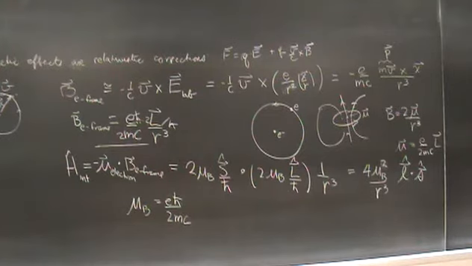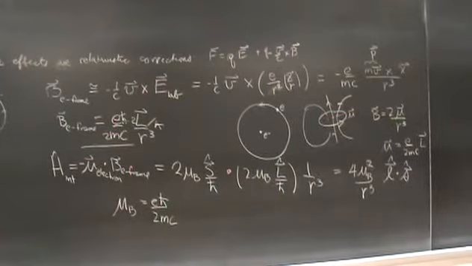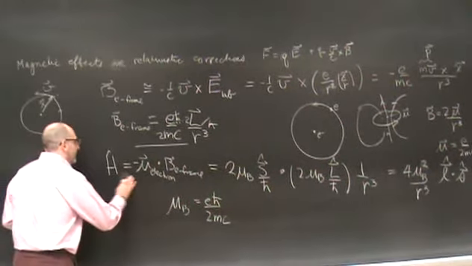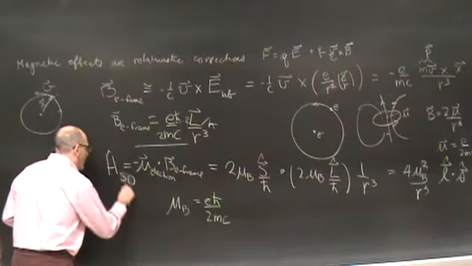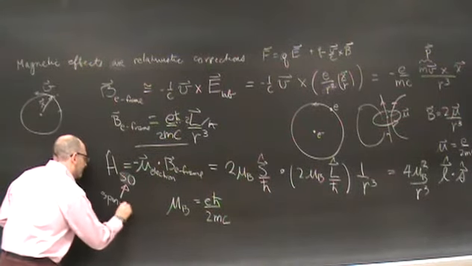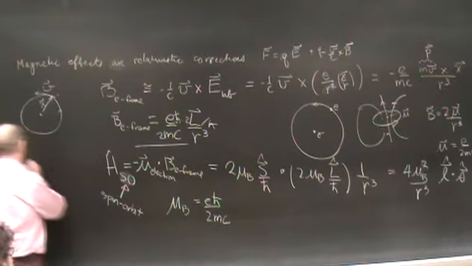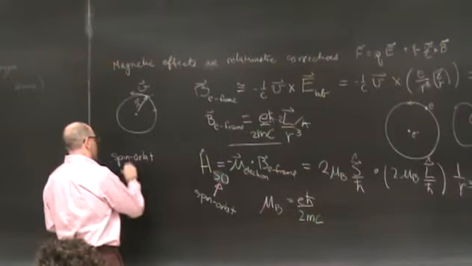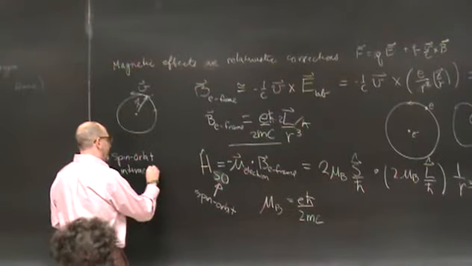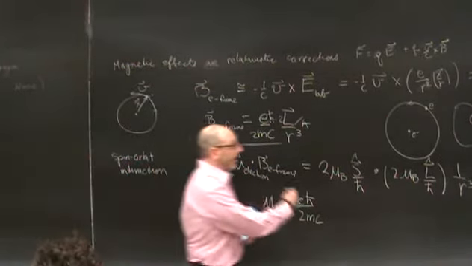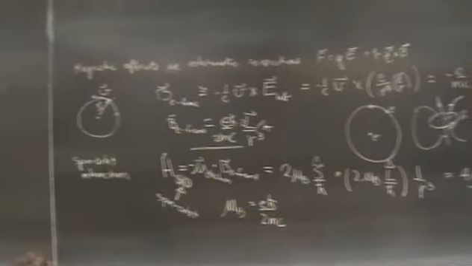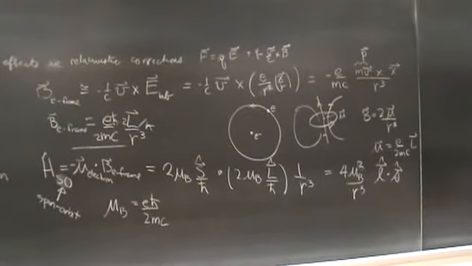All right. So this interaction, instead of calling it this, I'm going to call it SO for spin orbit. This is called spin orbit coupling. That is to say, the spin of the electron is coupled to its orbital angular momentum through the fact that it's moving through an electric field.